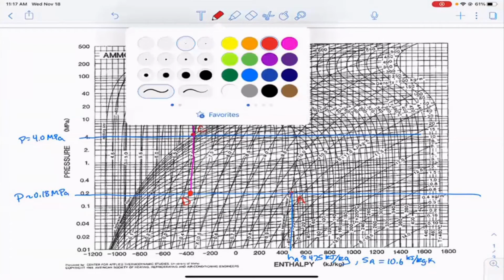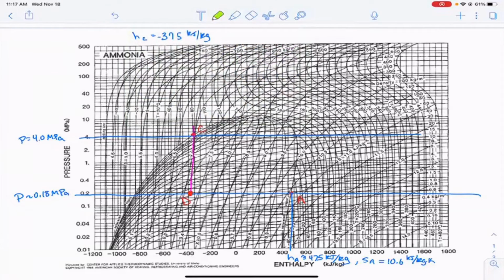And then the last point that we're looking for is B. Here we're not told anything about the compressor efficiency, so it's going to be 100%. And so we're just going to follow this line of constant entropy up until we reach the higher pressure. And if we do that, we can move along here, and we're going to be right about there, right?